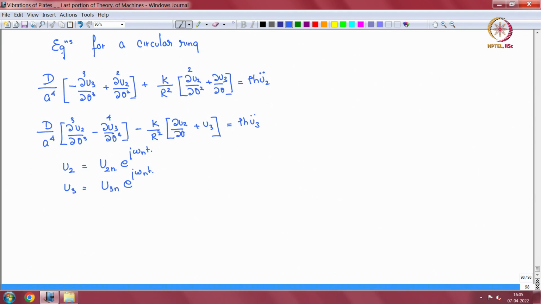Okay, if you substitute that, then all of these will become u3n and u2n, and this becomes minus rho h u2n omega n square, and this becomes minus rho h u3n omega n square. Okay, so u2 is the u theta movement, please remember, theta direction movement.